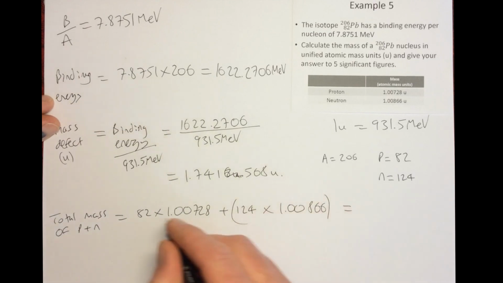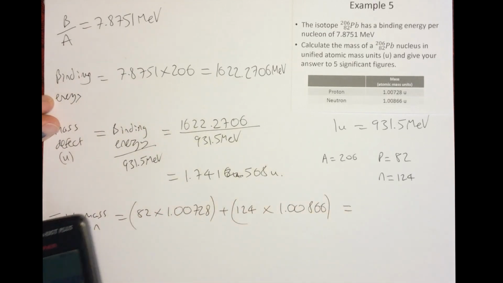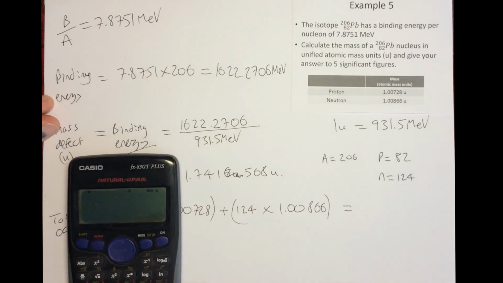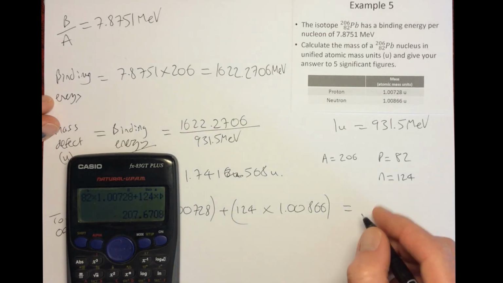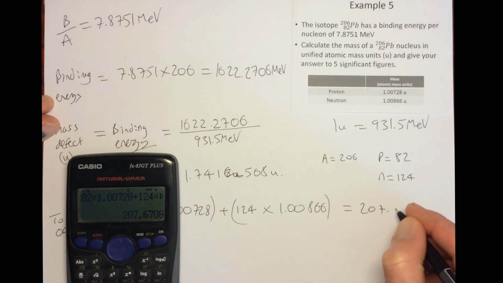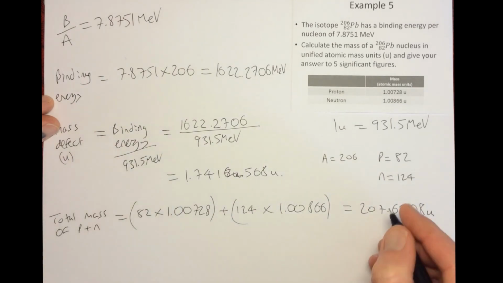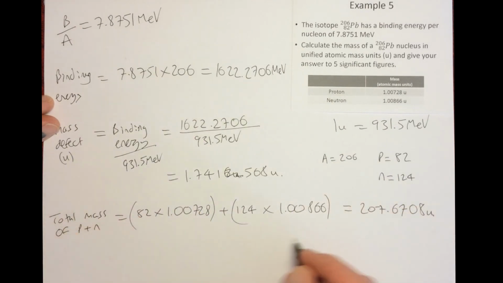Okay, so that gives us the total mass of the protons and neutrons when they're not combined together in the nucleus, but they're just on their own, so to speak. That gives us 207.6708 U. Okay, so that's the mass of the individual nucleons when they're not combined in the nucleus.